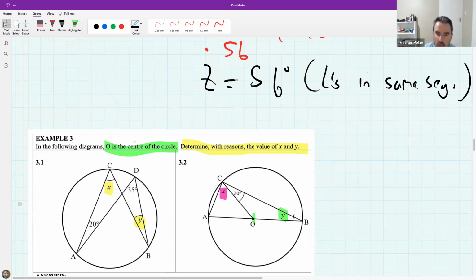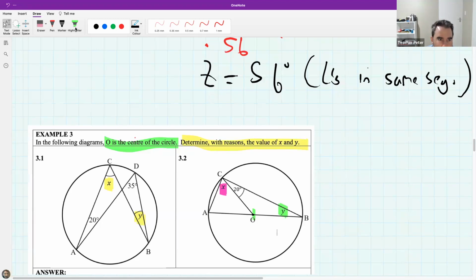Okay. I'll give you a little hint. Which arc would I use? I think I would use the arc CD to help me find what y is.